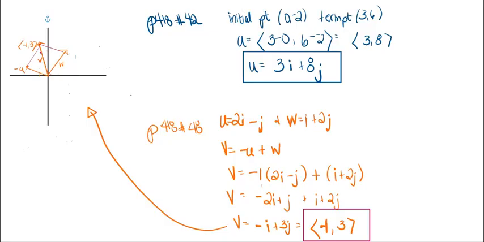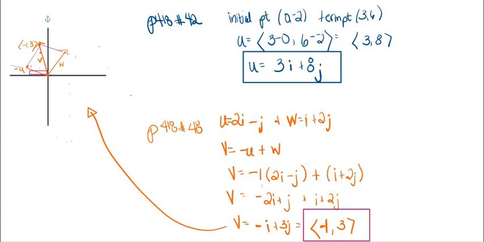Negative u, which is 2i minus j, because positive u would be positive 2i, negative j, but because it's the opposite, when v is equal to negative u plus w, it's going to be going the opposite direction. So that's negative u, that's this little vector down here. I don't know if you can see that. Well, let's see, I don't know if the yellow is showing up or not.